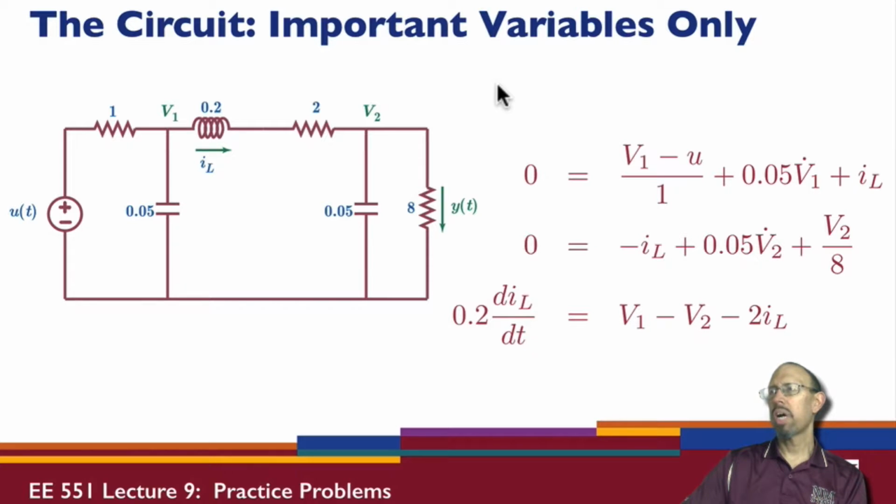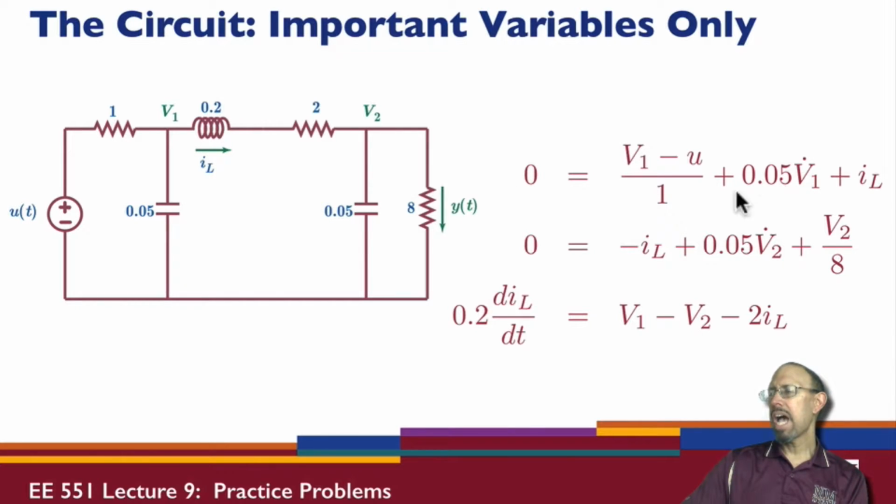In this case, I write a node voltage equation associated with these 2 nodes, and then a current equation associated with this inductor. And so those are the 3 equations I get. And these 3 equations are all the equations I need to completely describe this circuit.